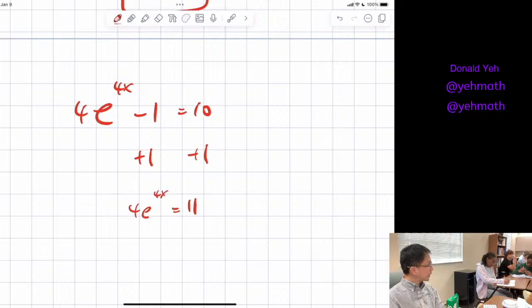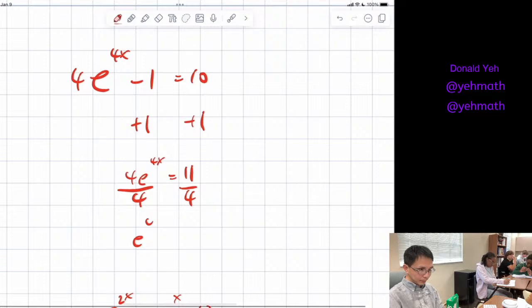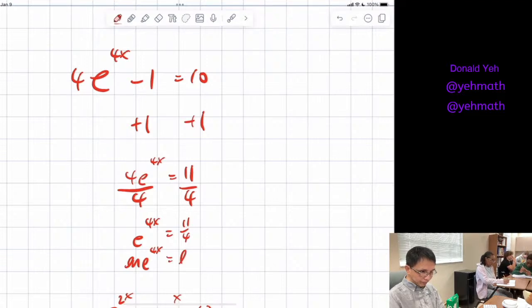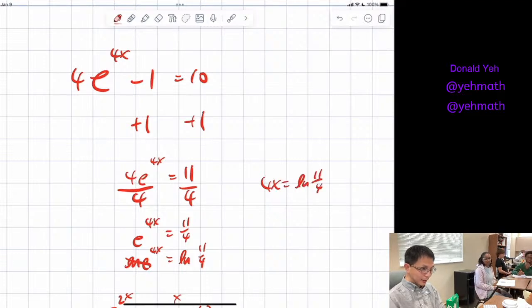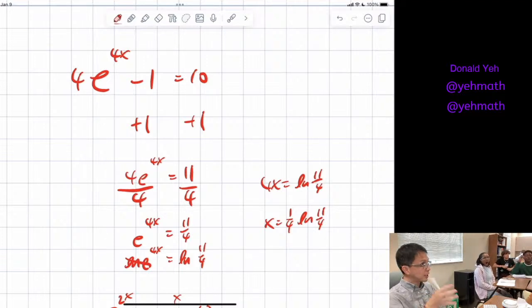You isolate the e. You divide it by 4. You can natural log both sides. This will cancel out. 4x equal to ln of 11 over 4. Now that's one natural log there. X equal to 1/4 ln of 11 over 4 because I divide by 4. I divide by 4 is in the front, not inside the argument. So hopefully you guys get the same.